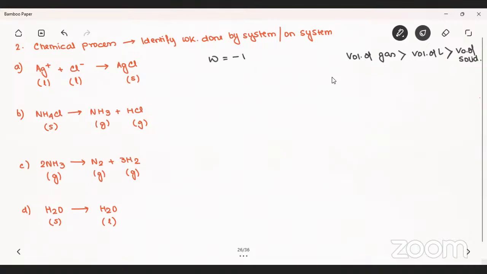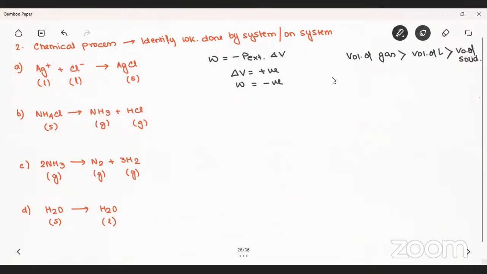Okay. Before learning this, just tell me this. W is equal to minus P external into delta V. So if delta V is positive, then W will be negative. Yes or no? Yes, ma'am.